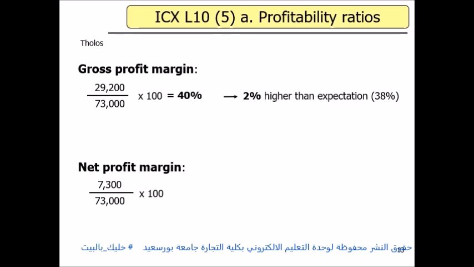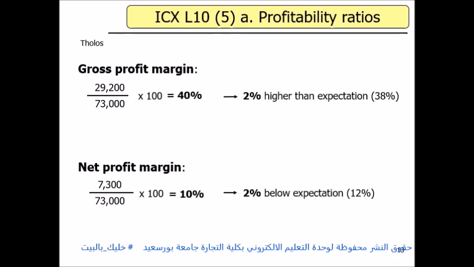After that, he requires you to calculate net profit margin. It's equal to net profit divided by sales multiplied by 100. It's equal to 10%, which is below the expected by 2%. The gross profit margin and the net profit margin represent the profitability ratios.